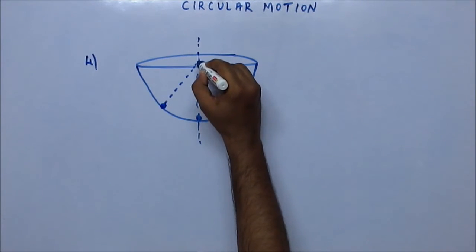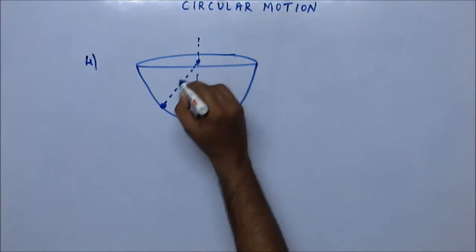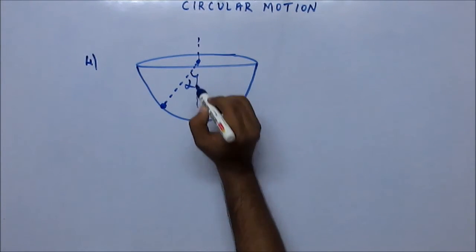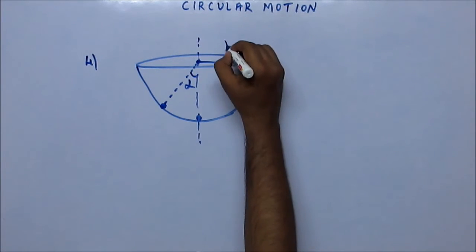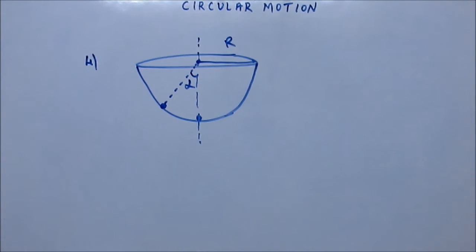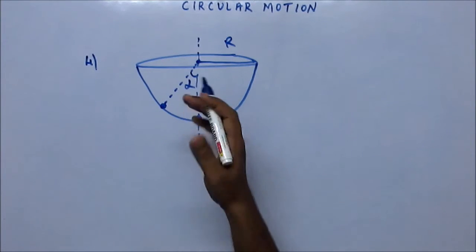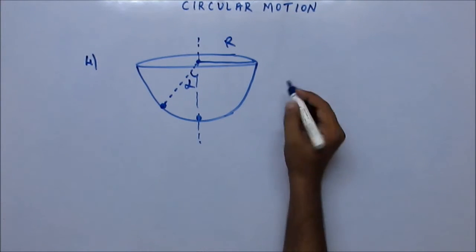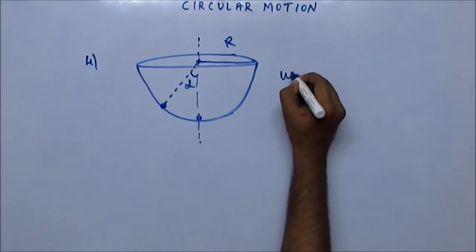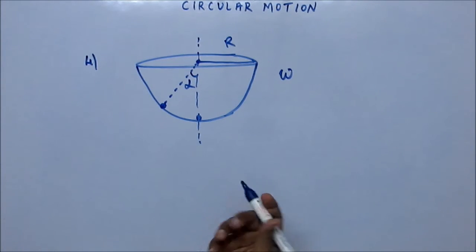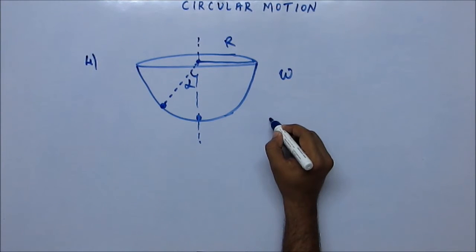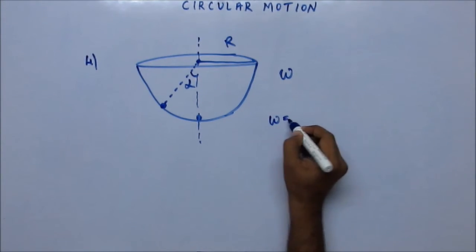The angle that the radius passing through the bead makes with the vertical is given as alpha. The radius of the bowl is given as r. If the angle with the vertical is known as alpha, then you have to find with what angular velocity the bowl is rotating. Right? So get your answer and then look at the answer.